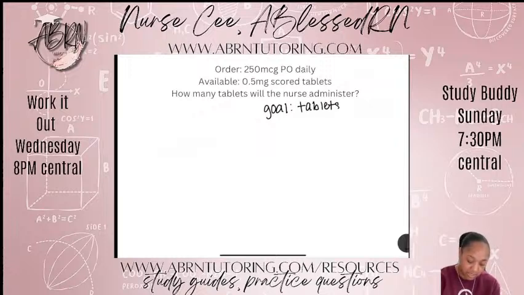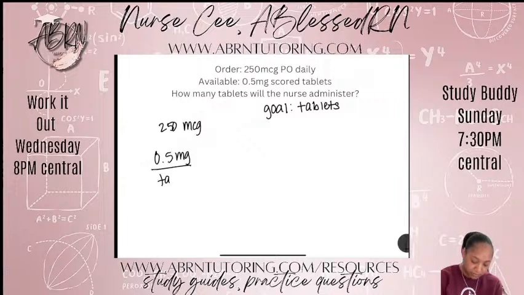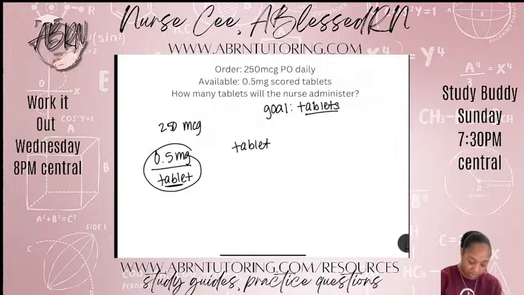Our goal is tablets. So just like this other one, we had 250 micrograms, 0.5 milligrams per tablet. I'm looking for a tablet, so I start with tablet. I'm going to take this piece and flip it: tablet over 0.5 milligrams.